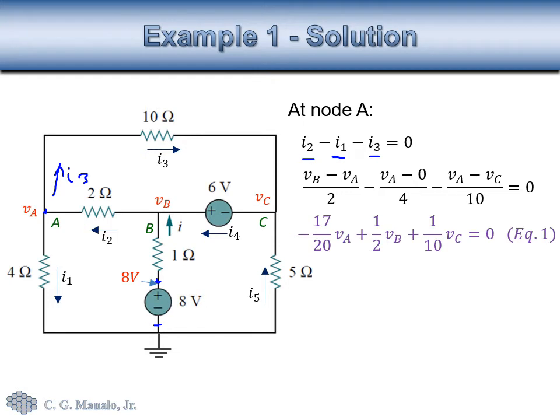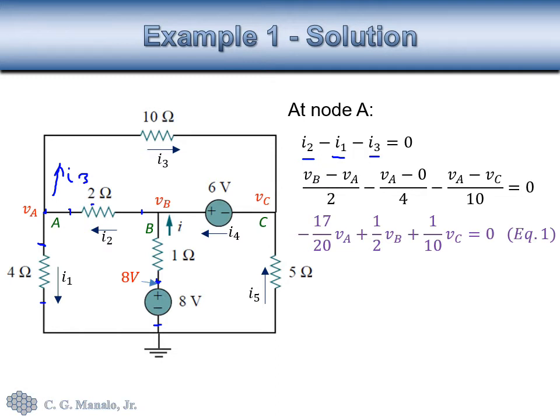And replacing the currents by the potentials or the voltage across the elements. So for 2 ohms, that will be V sub B minus V sub A divided by 2. For I sub 1, that would be VA. So we always write the first potential where the current enters, VA minus 0 divided by 4.